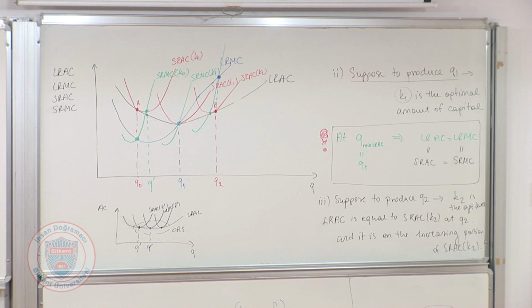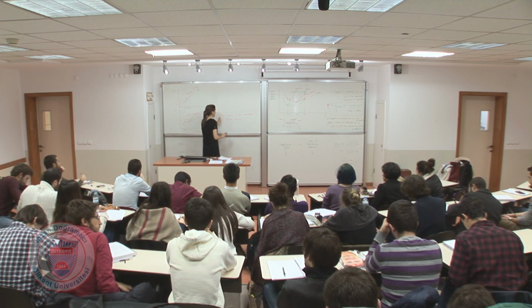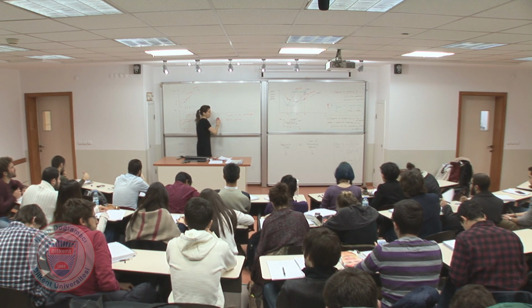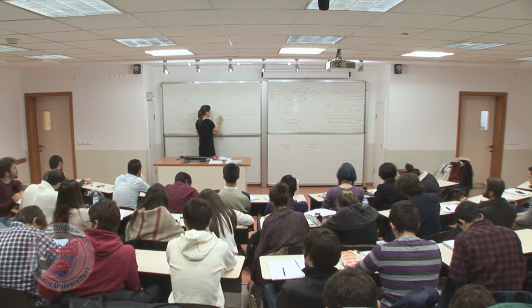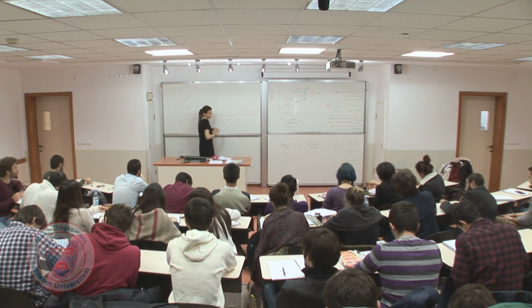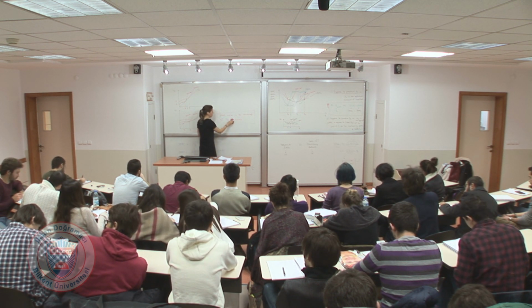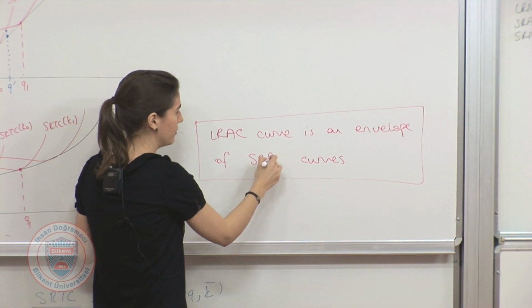And let me actually write another reminder, which is a very similar thing. I say that the long run average cost curve is an envelope of short run average cost curves.